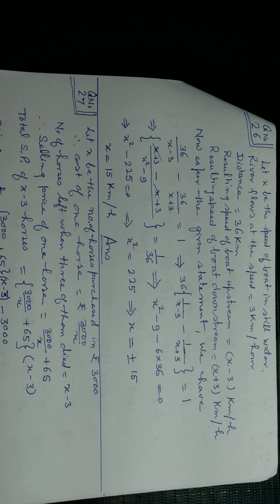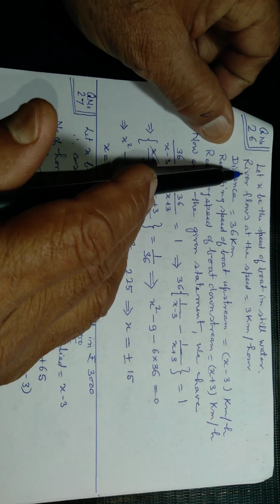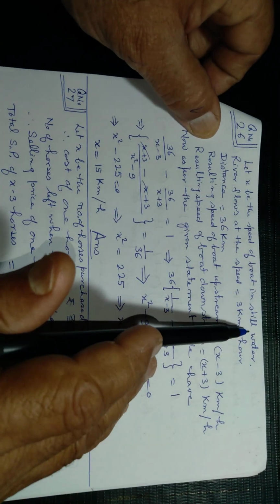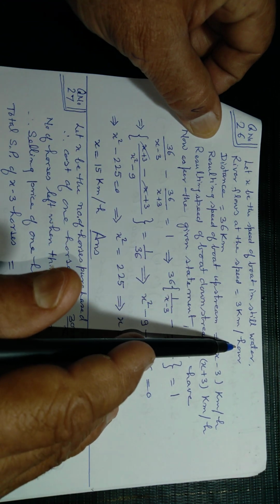If the river flows at 3 km per hour, find the rate at which the boat travels in still water. You see, I have mentioned it here. Let x be the speed of the boat in still water. The river flows at the speed of 3 km per hour.